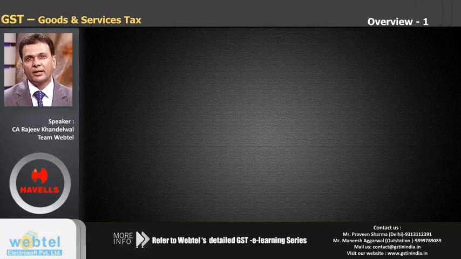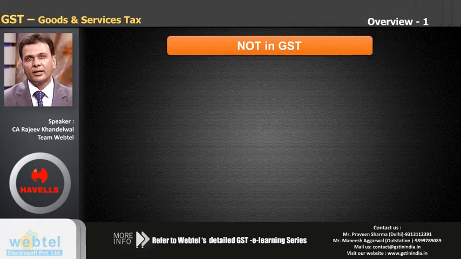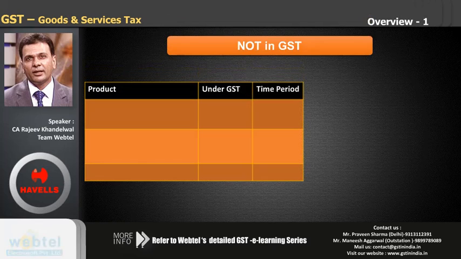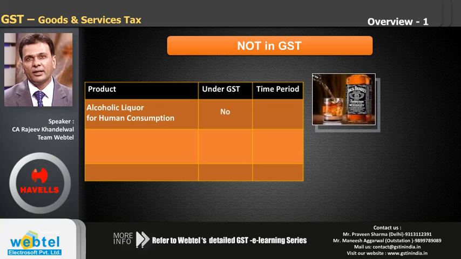Now the question arises whether GST will be levied on all items, or whether for some goods or services the old taxes, VAT or excise duty, etc., will still be levied. Let us see. One of the important items, a major revenue earner for most of the states, is alcoholic liquor for human consumption, and that has not been taken into GST.